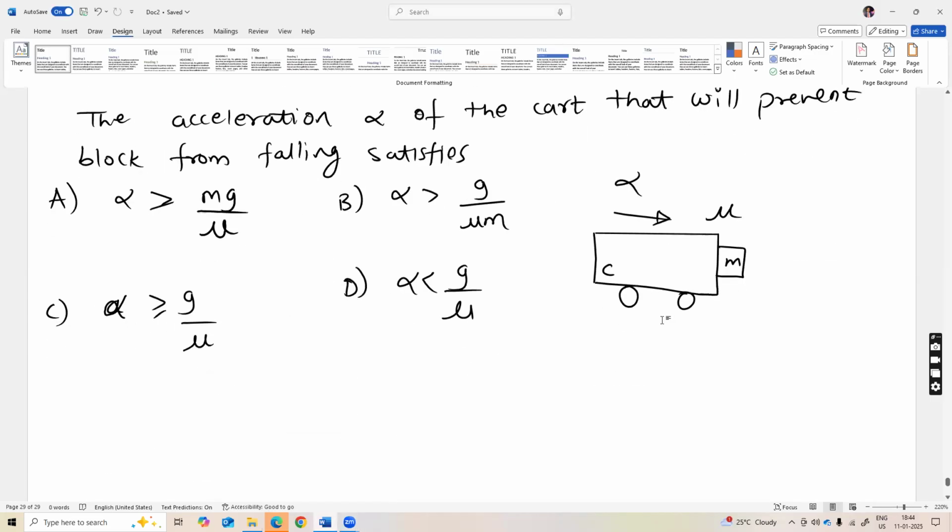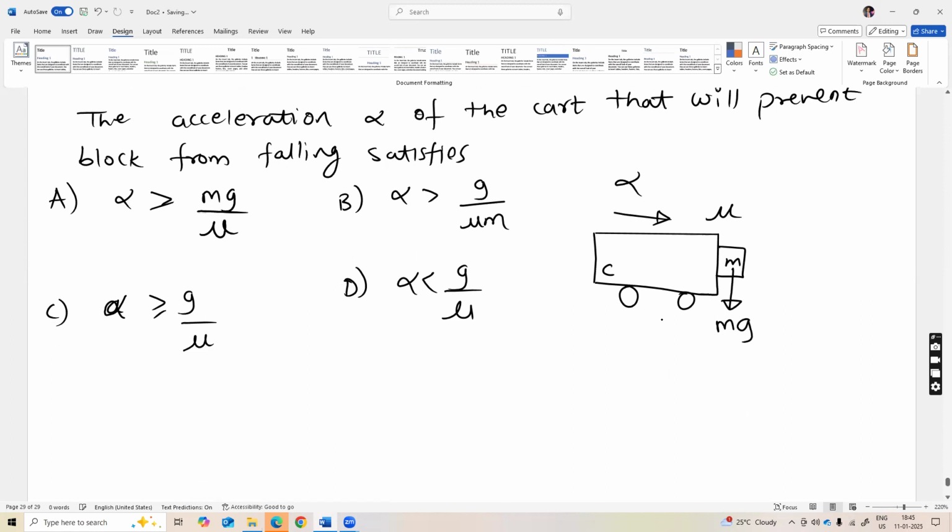So this is cart C, which is moving with acceleration alpha, and this is a mass m. We have to find the acceleration alpha for which this mass will not fall down. If m is the mass of this object, then the weight of the object is mg, acting downwards.